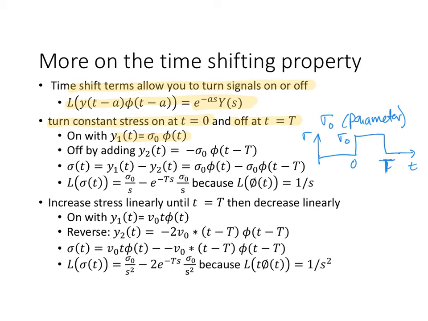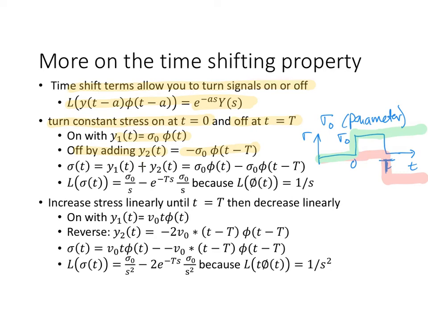Instead of stepping up by 1, we step up by sigma naught. We then turn it off by adding a y2 that's the negative of the step function. So if we had said that step function was just saying it would have gone 0 until this point and then going down there. And when we added that to what we already had for the first one, we add those two together, we get the line in blue that gives you the actual response.